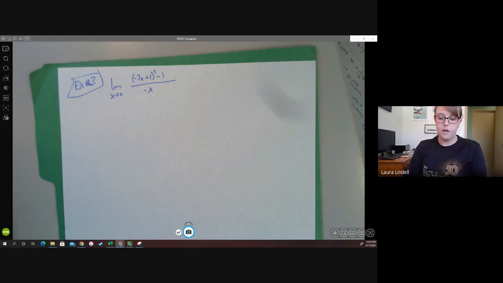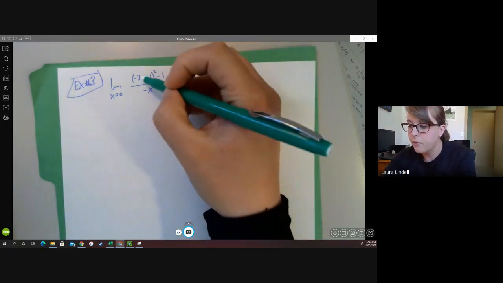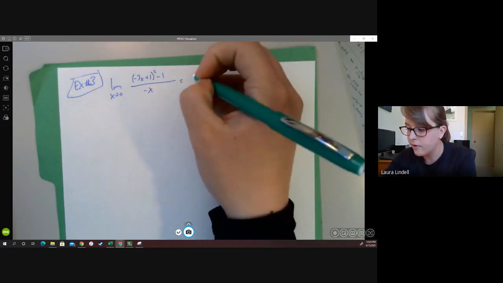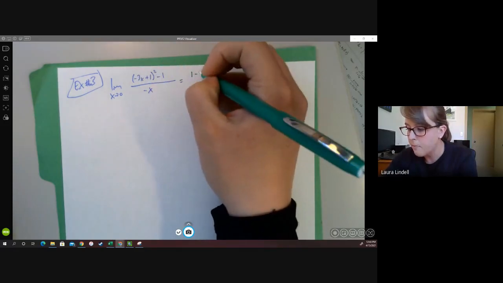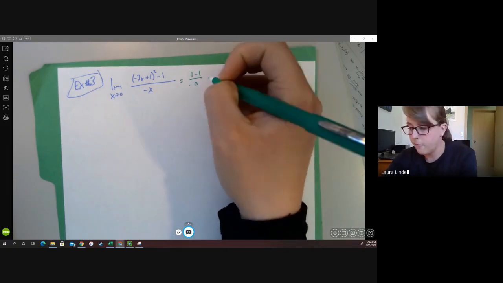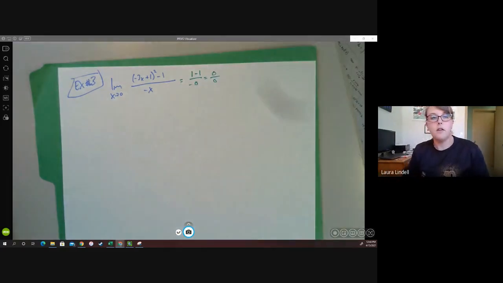Okay. So we might start off by just plugging in 0 and seeing what happens here. So if I plug in 0 on top, we have 0 plus 1 squared, so that would be just 1 squared, minus 1 over negative 0, which is just 0. So this gives us 0 over 0. So we don't want to work with that.